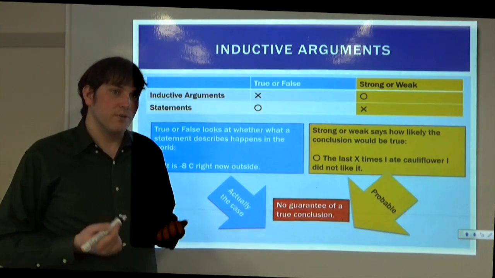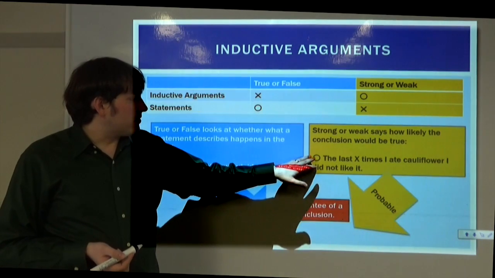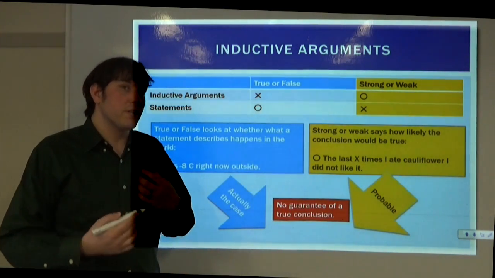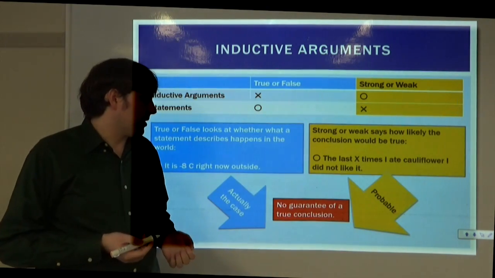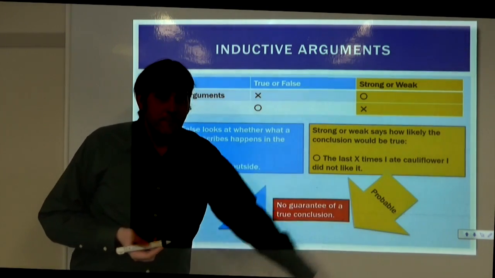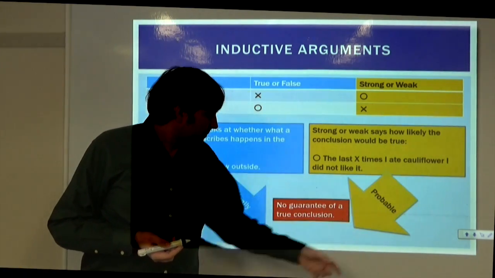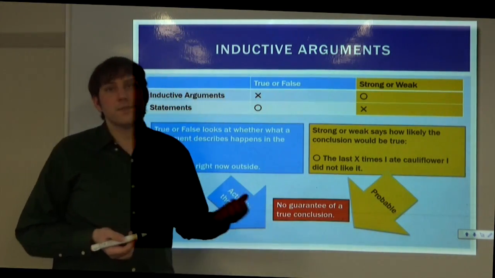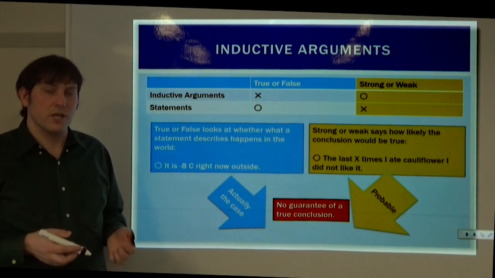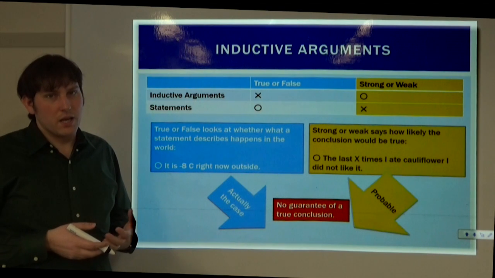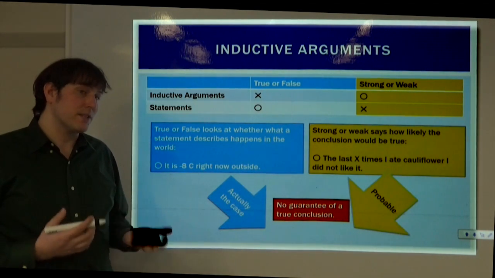Strong or weak says how likely it is the conclusion would be true based on an inference. Now, the last 10 times I ate cauliflower, I didn't like it. This would help me to believe I don't like cauliflower. This would make something probable. But this does not guarantee a true conclusion. It encourages the conclusion's probability, but unlike a truth-preserving argument, it doesn't guarantee it.